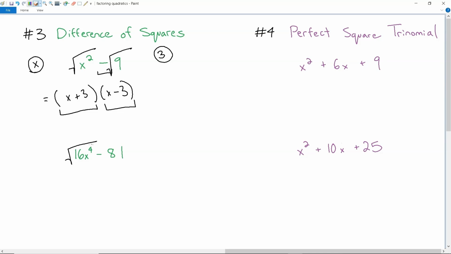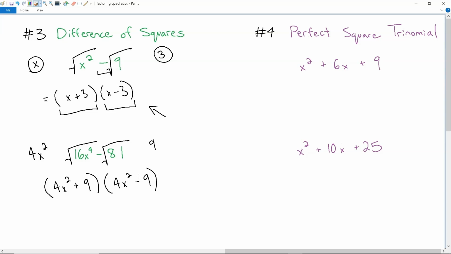I can square root this and get a 4x squared. And I can also square root 81 to give me a 9. So all I need to do is follow the same steps up here. I'm going to make one bracketed term with 4x squared plus 9, and then another with 4x squared minus 9.